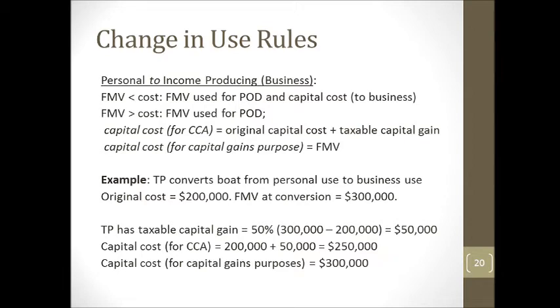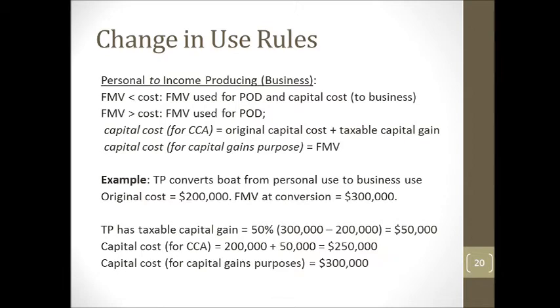Now, in the hands of the business, the boat's capital cost for CCA purposes and for capital gains purposes will be different. For CCA purposes, the capital cost will be the original cost of $200,000 plus 1/2 of the gain, which is the taxable portion of $50,000. Therefore, the capital cost for CCA purposes will be $250,000.